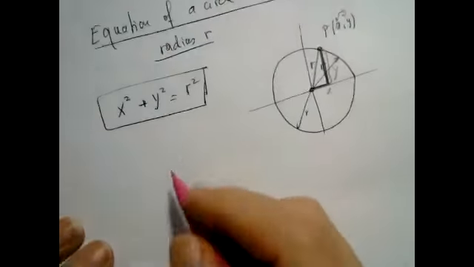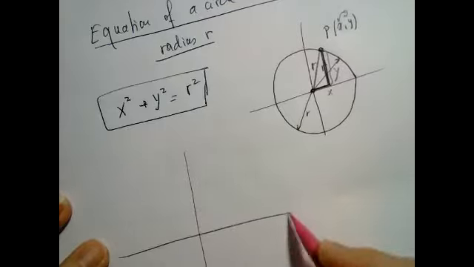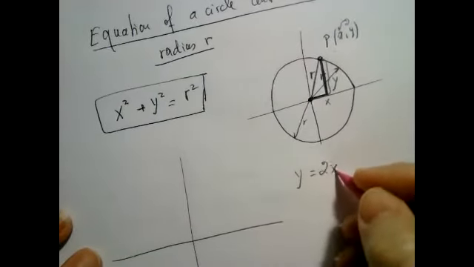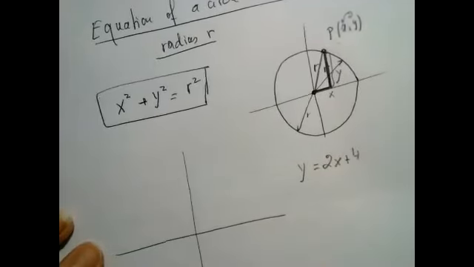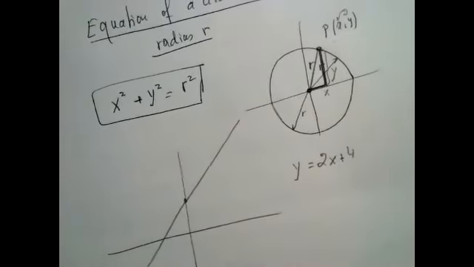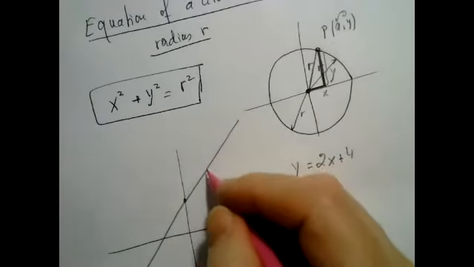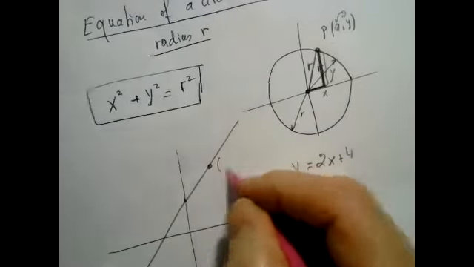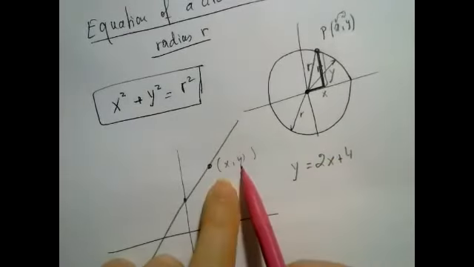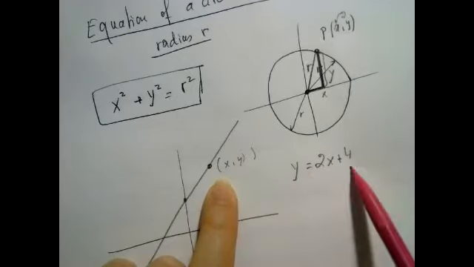So on the side, just to give you a picture, when you did the equation of a line, suppose you have a line and the equation is y equals x plus 4. What does this mean? It means that if you take any point on the line, the relation between x and y is y equals x plus 4.